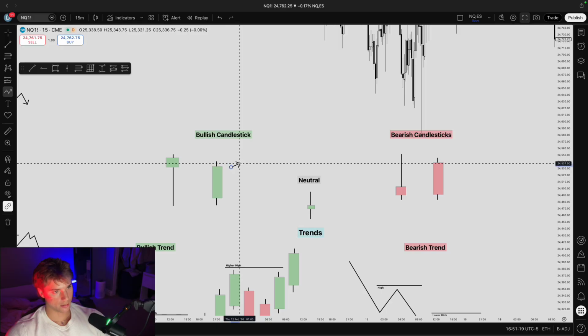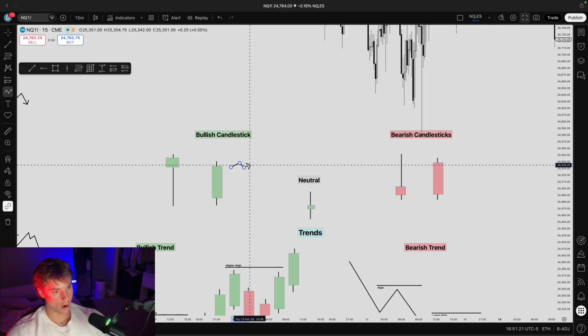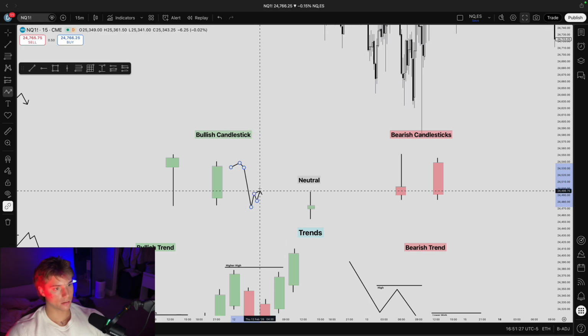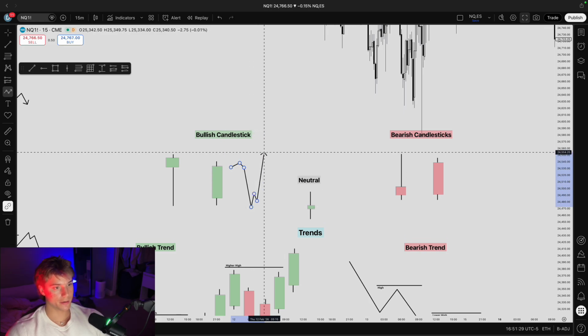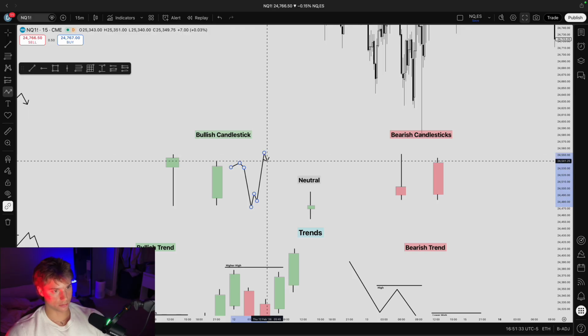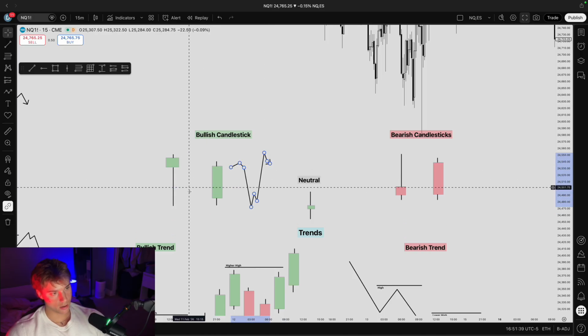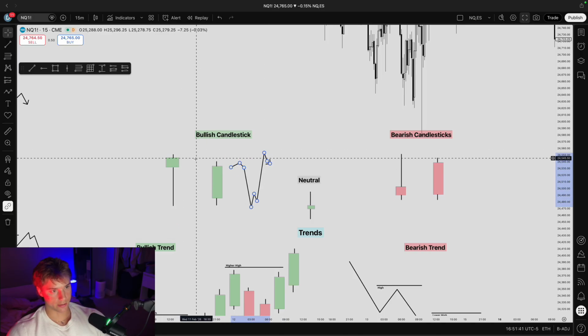We chopped around. Price decided that it wanted to drop all the way here. And then by the end of the 15-minute cycle, price came back up and closed right here. Meaning, open here, price came down, came back up, and closed right here.